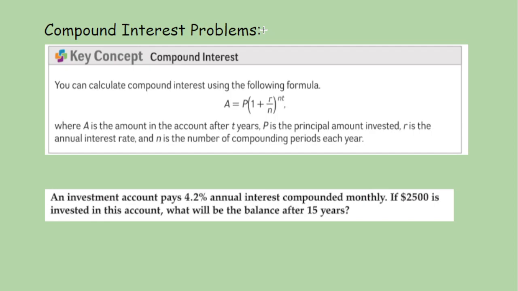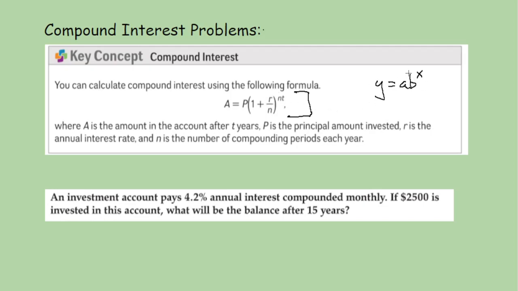And so in this problem, the first thing I want to talk about before I start talking about the problem is the formula you use, all right? It looks very similar to our exponential formula, which was y equals a times b to the x, right?